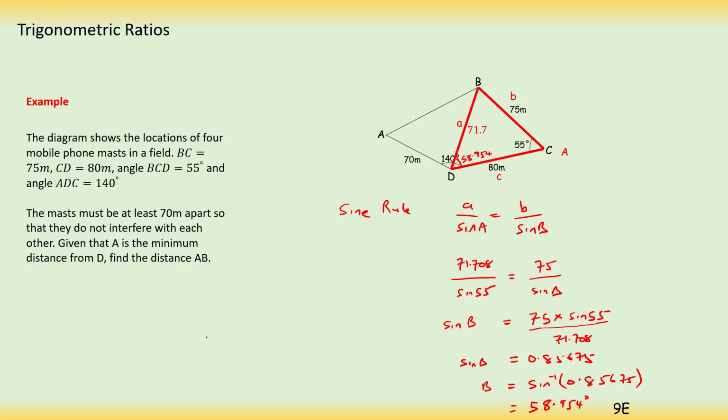And this angle, I'll do it in blue to distinguish between the two of them, is going to be 140 degrees minus 58.954. I'll just do that calculation here: 140 minus 58.954, which is equal to 81.045. So there we are.